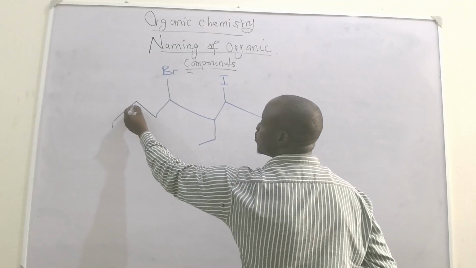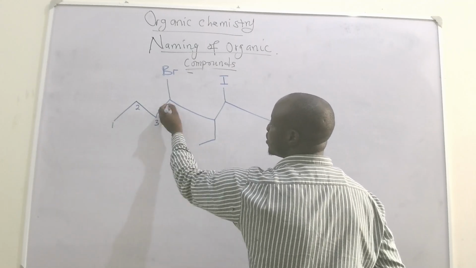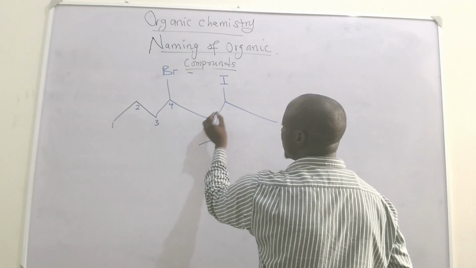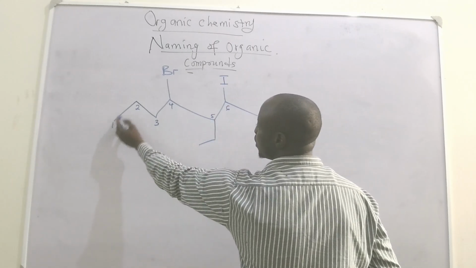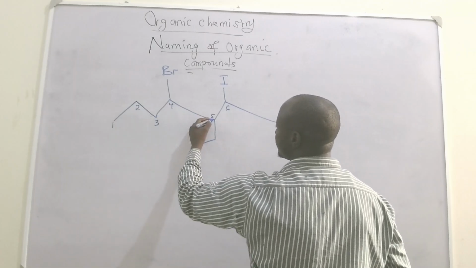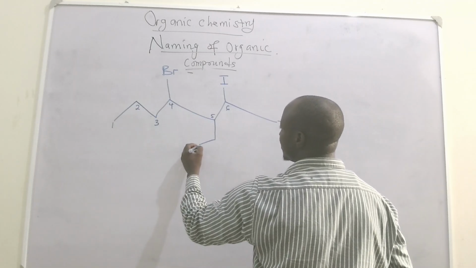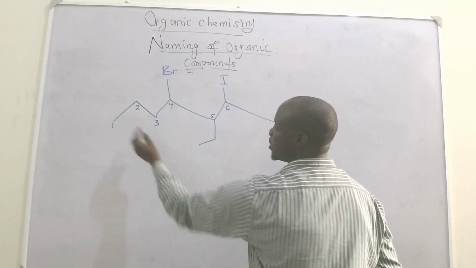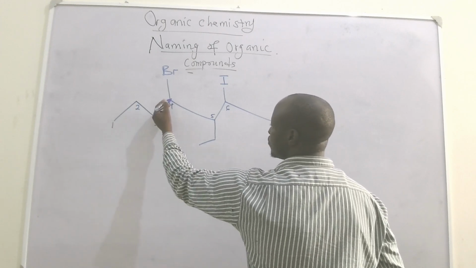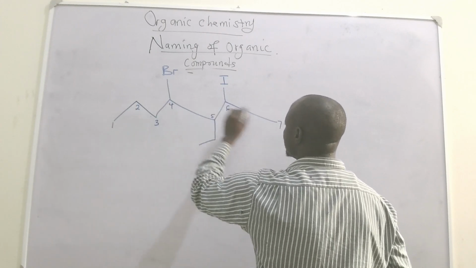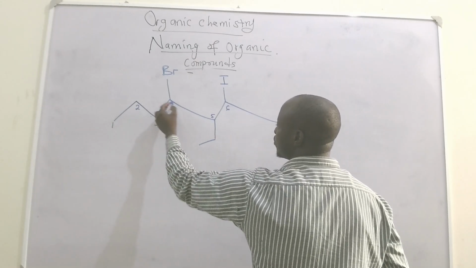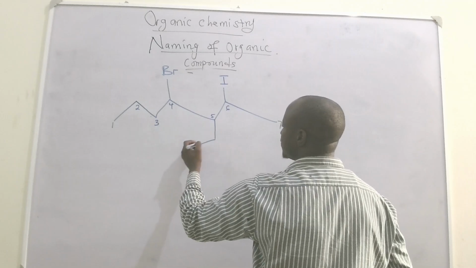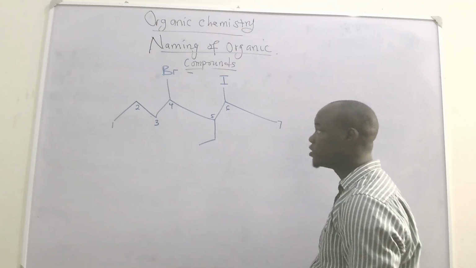We have 1, 2, 3, 4, 5, 6, 7. And if you follow the other direction, 1, 2, 3, 4, 5, 6, 7. Here we also have 7. So we all have 7, 7.